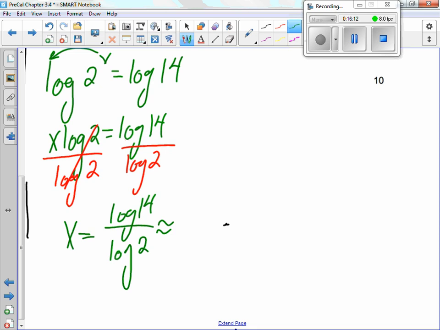Then we can type that into a calculator and get... one more. And that's it. Questions on this here?